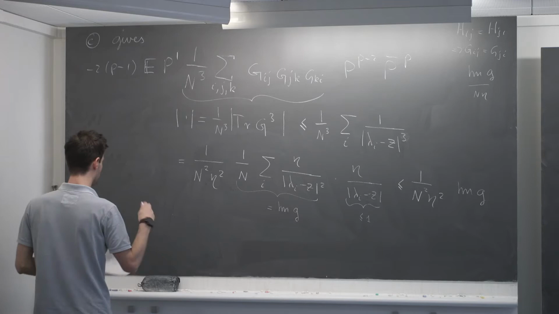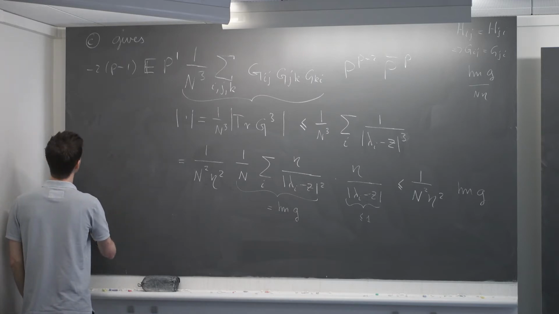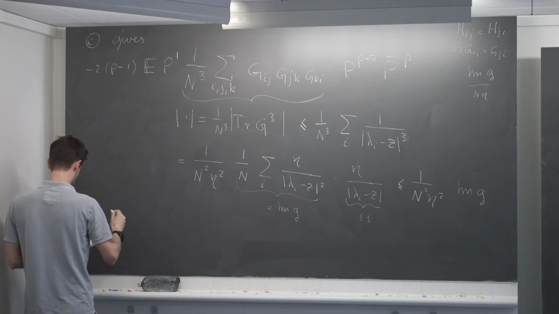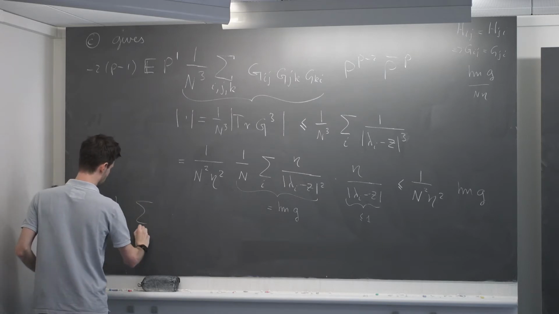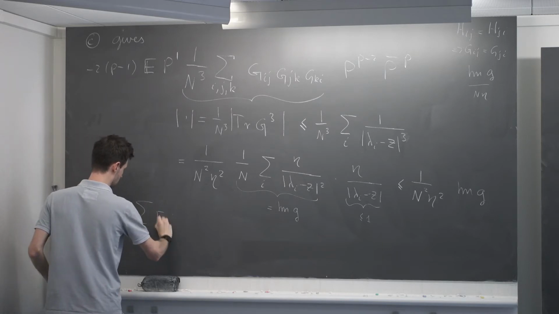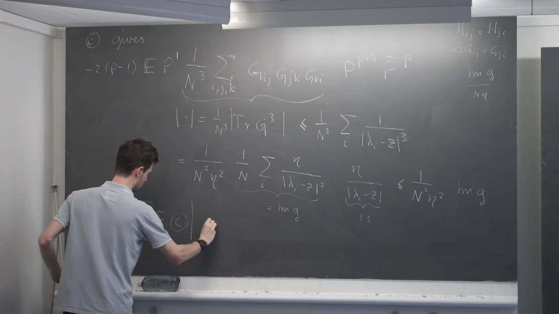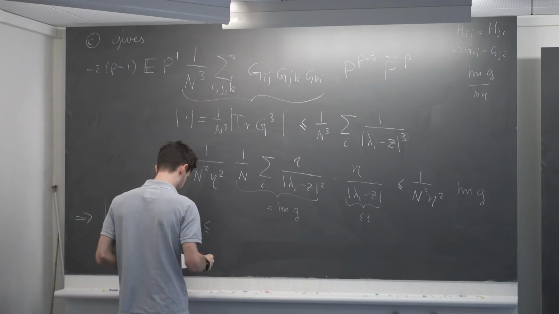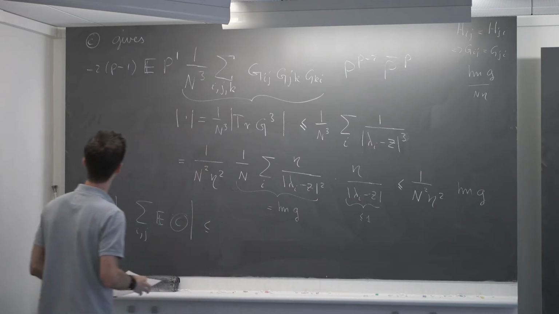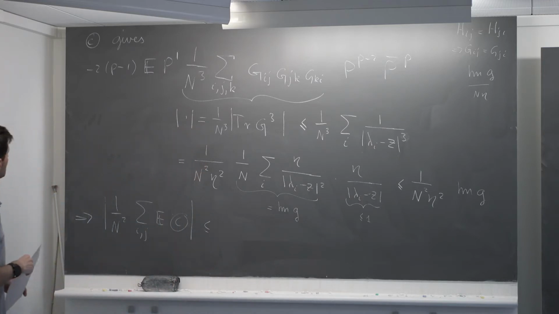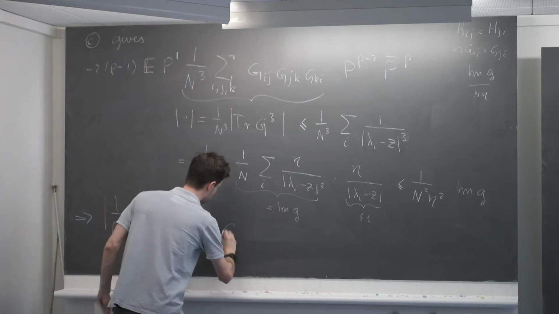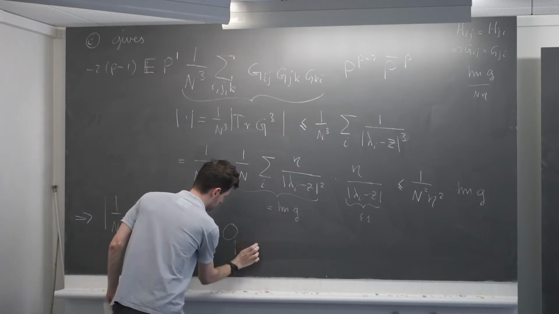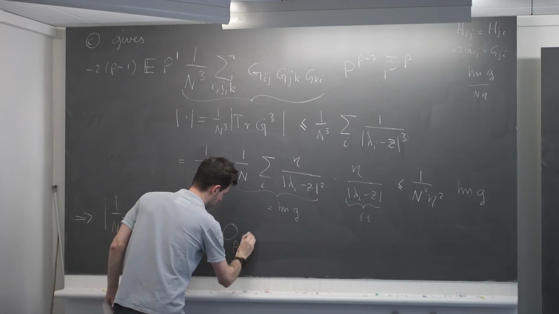So therefore, now I can conclude. I'll be done. So the expectation, so 1 over n squared, sum over i, j, expectation of C is going to be bounded by, now I have this constant 2 times p minus 1 and so on. I don't really care about these constants. If one wanted, one could track them, but I'm not interested in them.